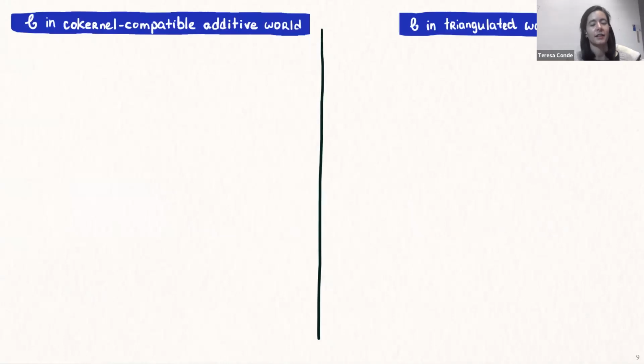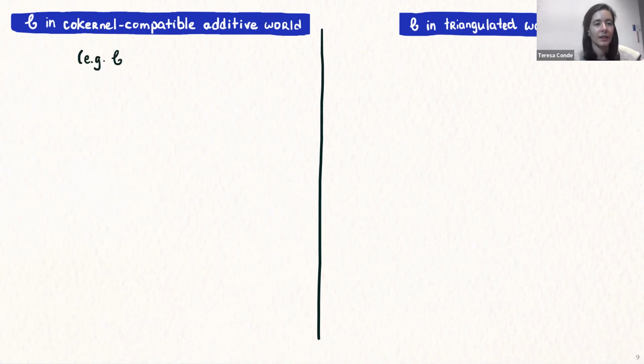And for that, I'm going to continue with an analogy between two worlds as before. On one side, we have the abelian world, or slightly more general, a kernel compatible additive world. On the right-hand side, we have the triangulated world.